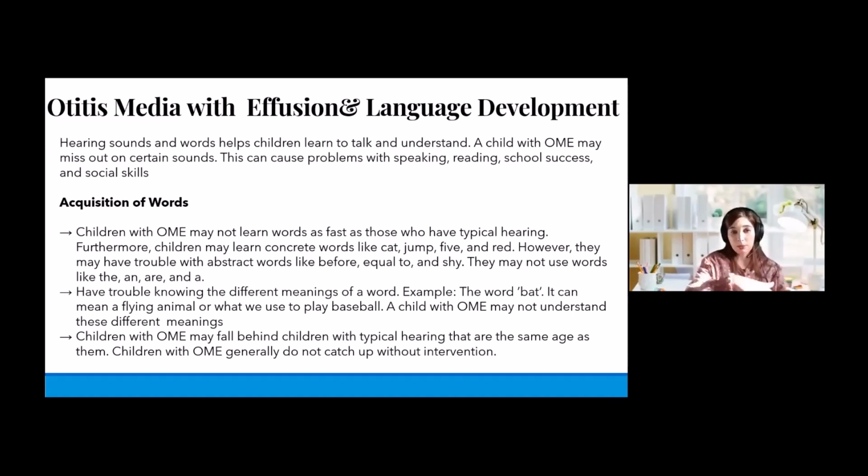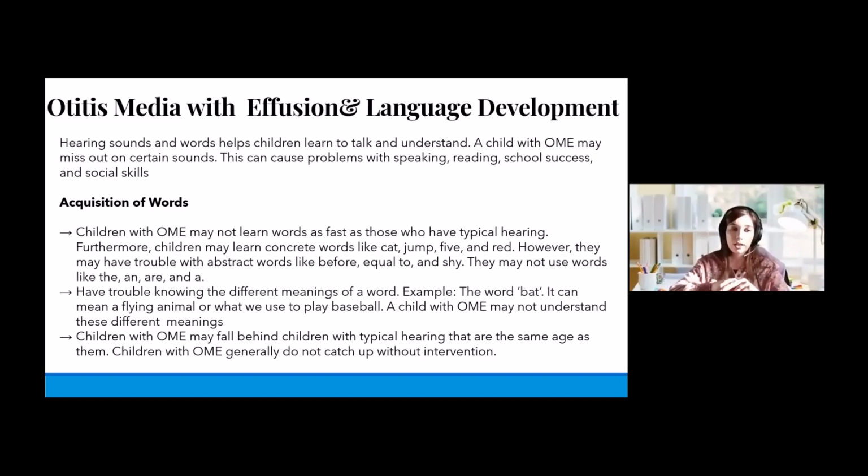So a few interesting points are that children with otitis media with effusion may not learn words as fast as those who have typical hearing, and furthermore, it's easier for children to learn concrete words like cat, jump, five, so things that they can see, but it's not so easy to learn abstract words, so before, equal to, like, and, are. So with those more abstract words, there's not a picture for them, there's not an action for them.